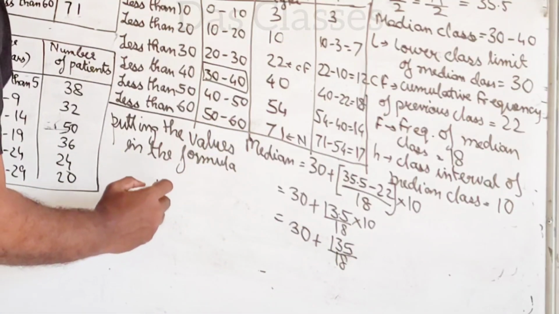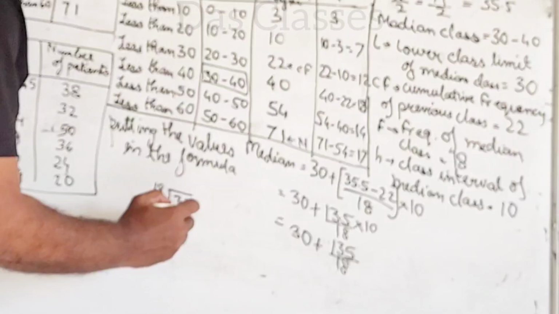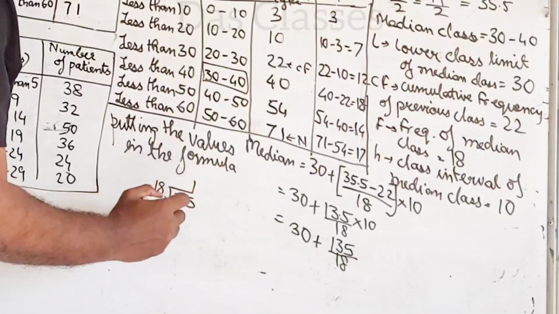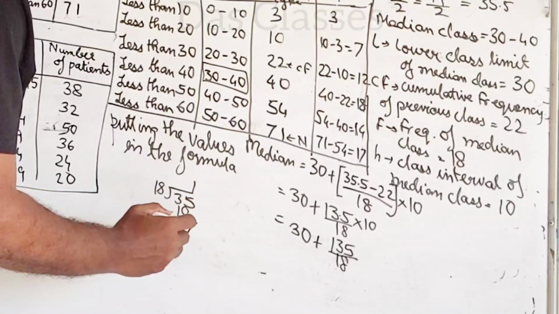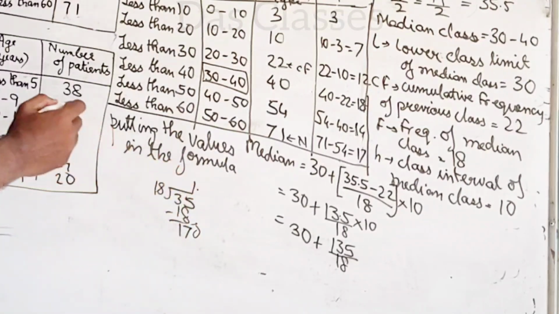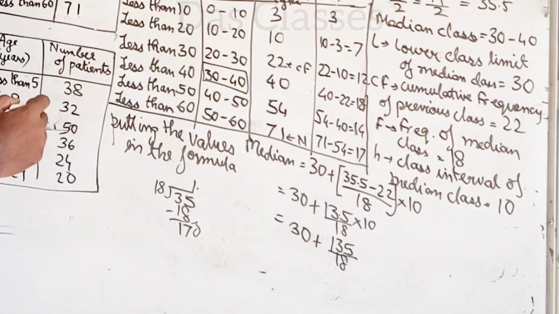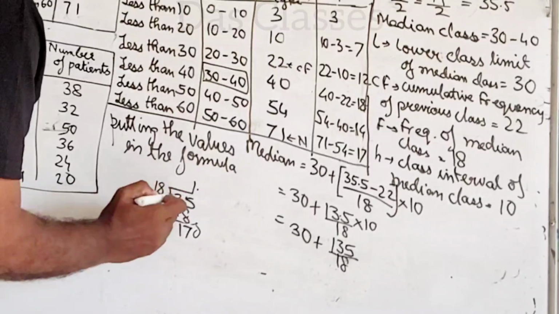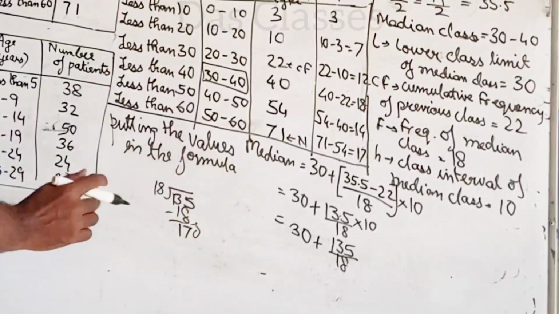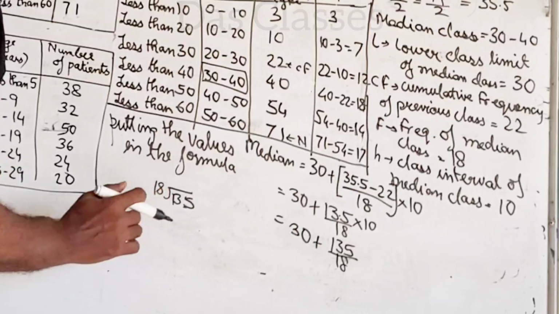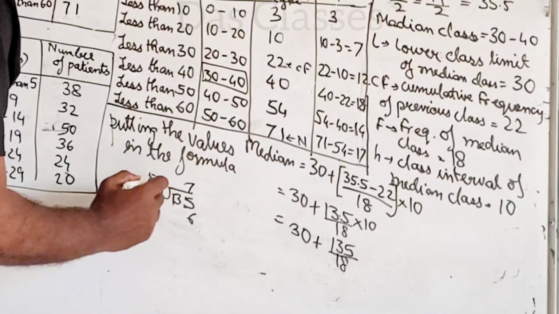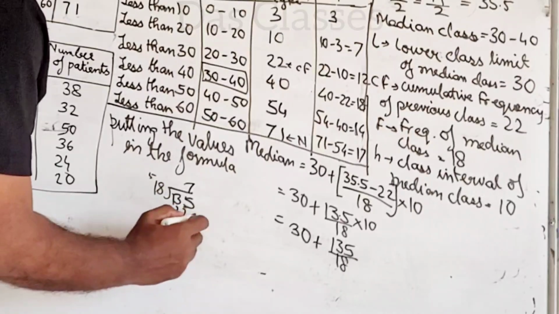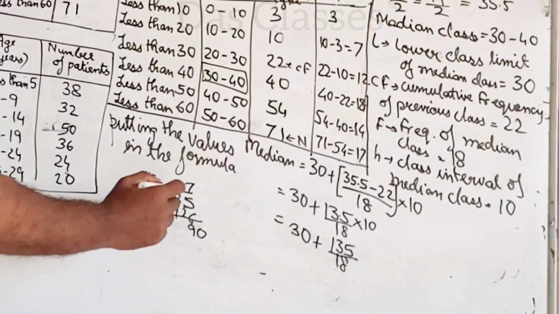So you can just divide 135 by 18. Oh sorry, that's 135. 18 sevens are 126, remainder is 9, 0, 7.5.